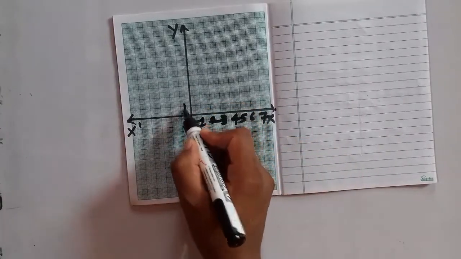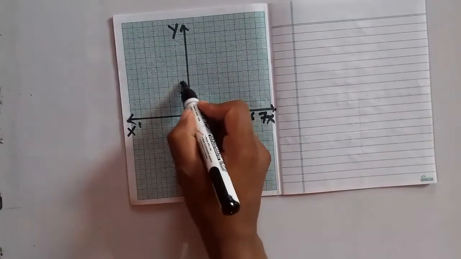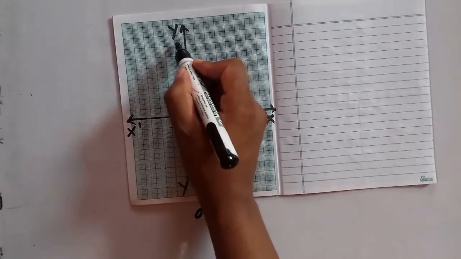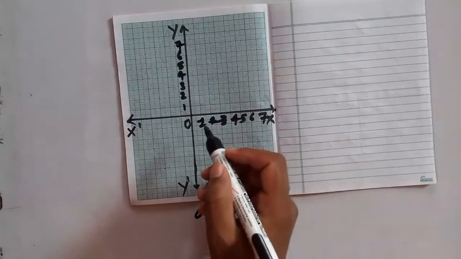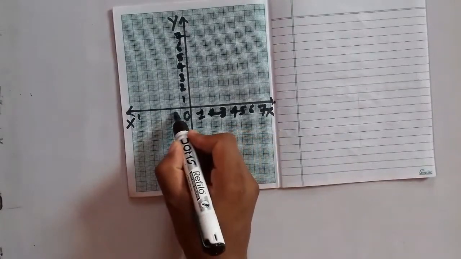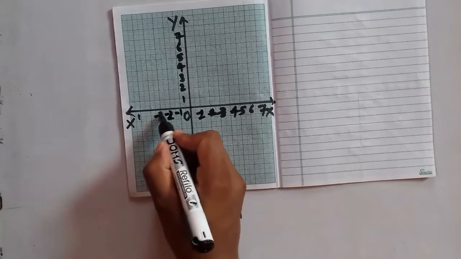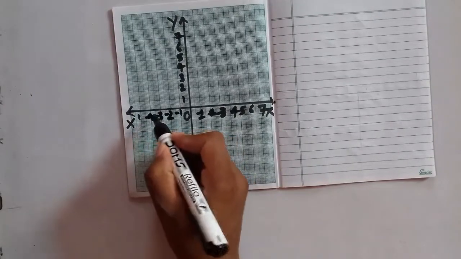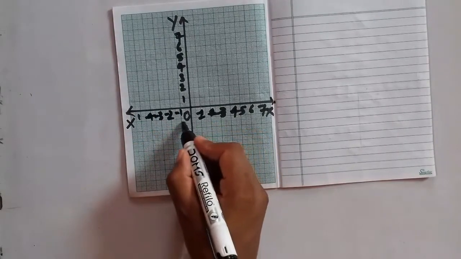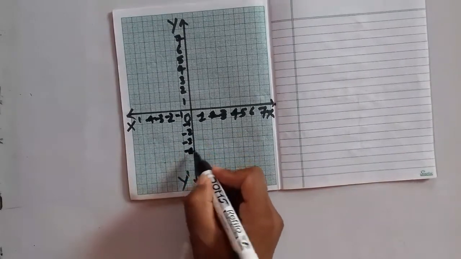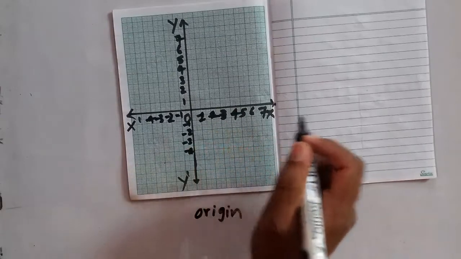Then this side we write positive numbers 1, 2, 3, 4, 5, 6, 7. This side consists of negative numbers -1, -2, -3, -4 like this. This side also -1, -2, -3, -4 like this.